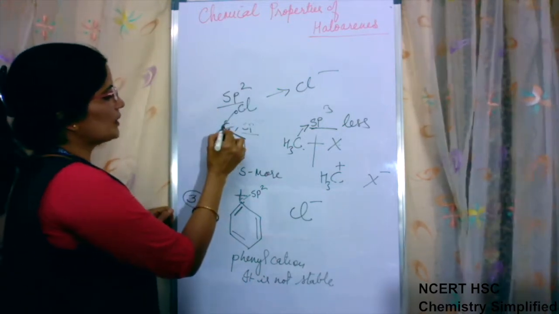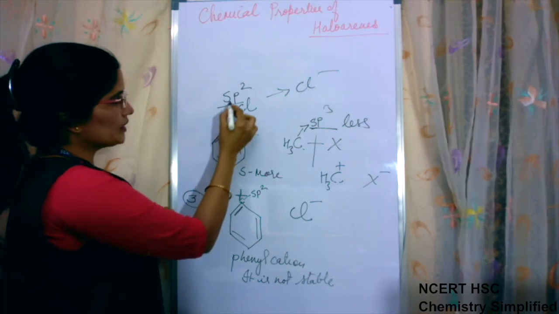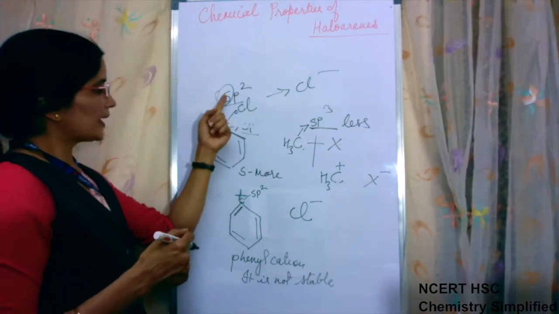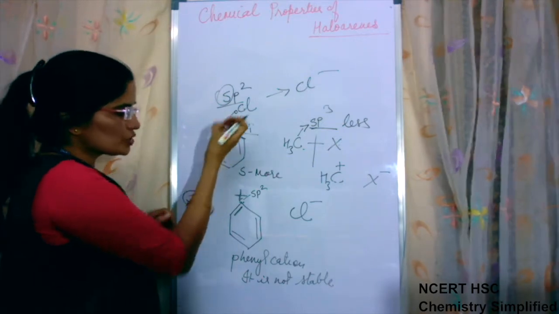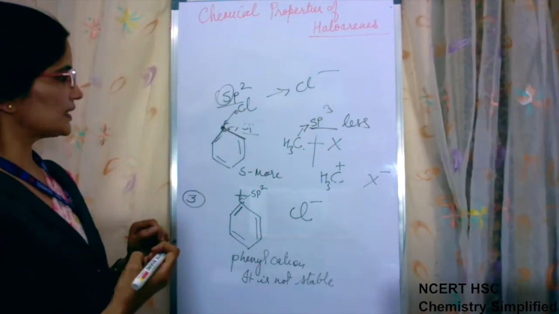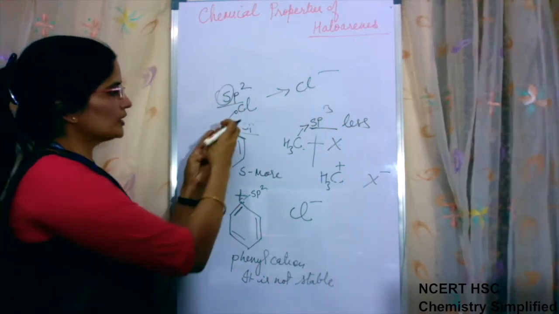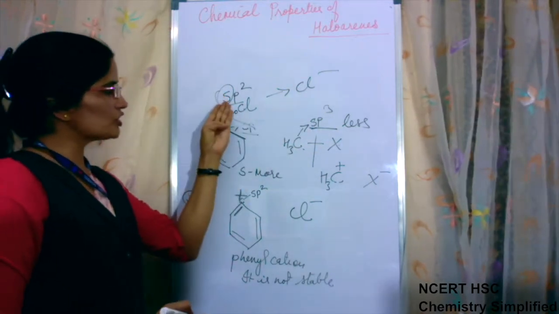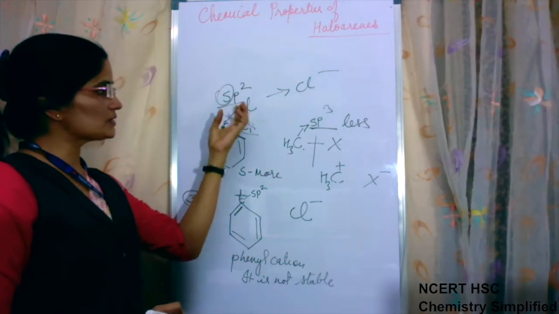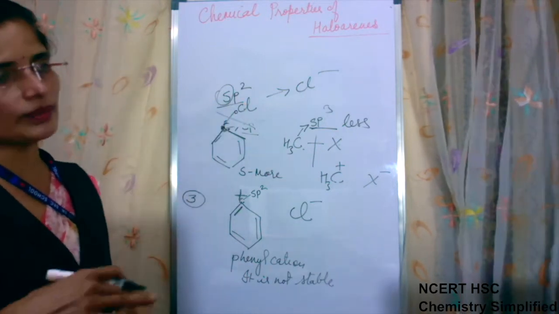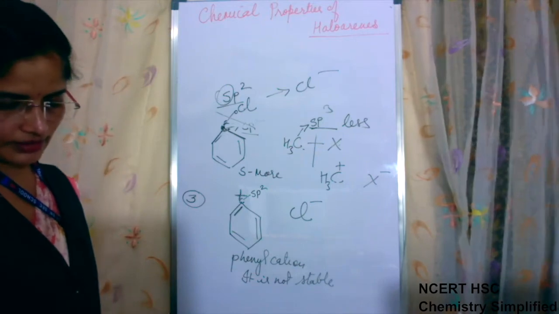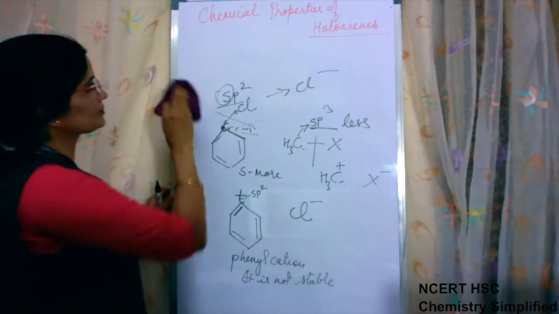The carbon atom is having a hybridized orbital which has more s character, and it is the tendency of s character that it pulls the electrons towards it. So we want the electrons to go with chlorine if we want to cleave this bond, but because of more s character, this carbon is pulling the electrons. So the breaking of the bond becomes difficult. Now it is clear? Yes, ma'am. Okay.